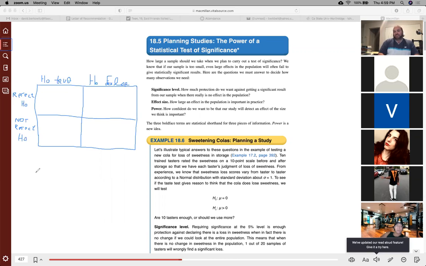So there are two possibilities for the null hypothesis, either it's true or false, and you can do one of two things, either reject it or not reject it. So overall, there are 4 scenarios.